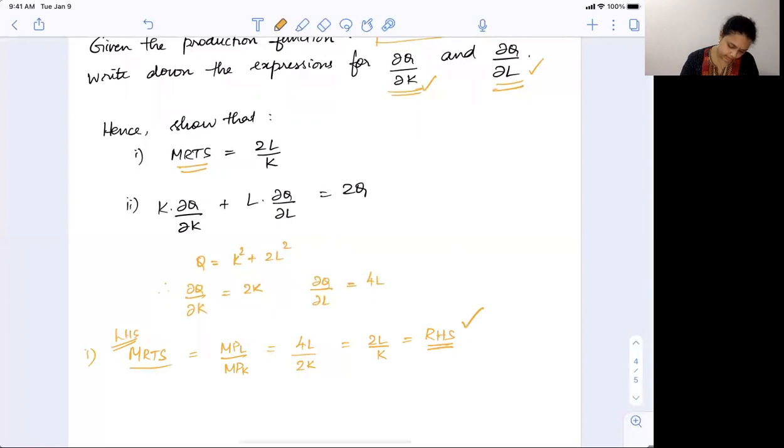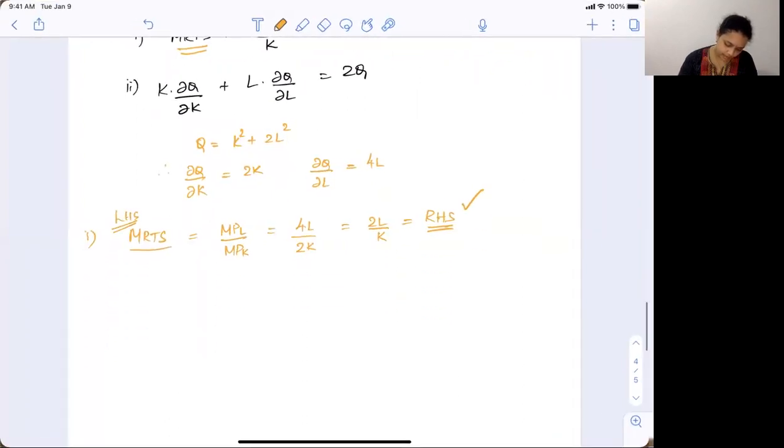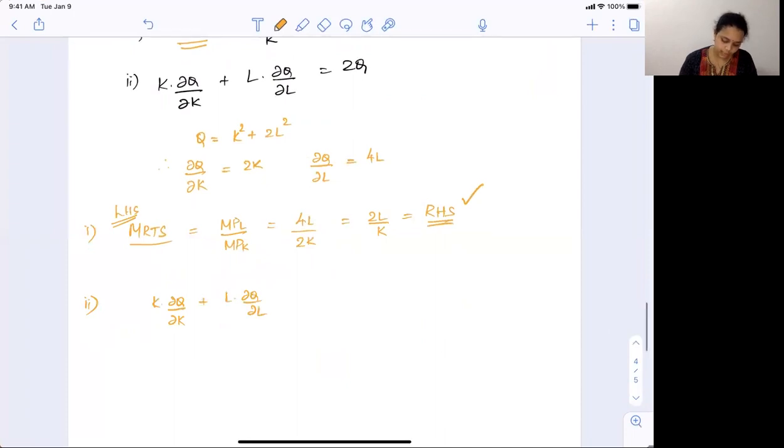So that's the first one. In the second, we're asked to prove this particular relationship: K into dQ by dK plus L into dQ by dL is equal to 2Q. So let's compute this. K into dQ by dK is just 2K squared, plus L into dQ by dL is just 4L squared.